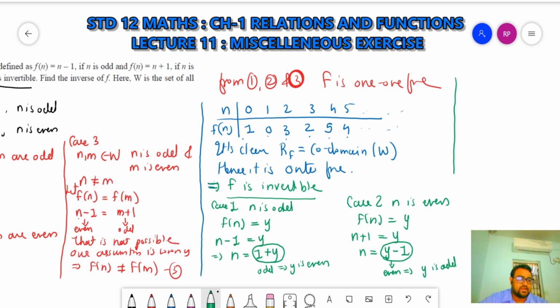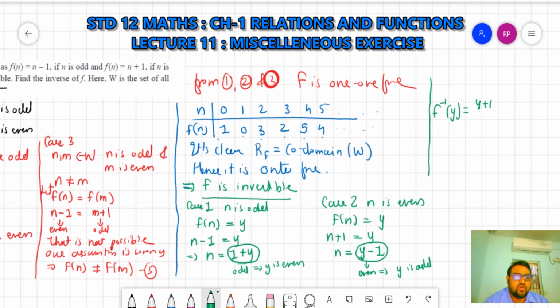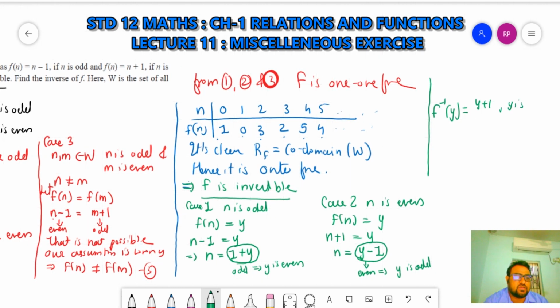So what I can write down, f inverse of y equals y plus 1 when y is even, I am using this since I got y is even, and y minus 1 when y is odd.